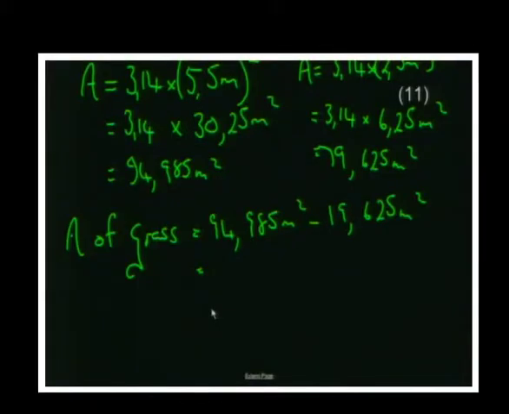So let's write that down straight away, 75.36 meters squared. So that's the area that needs to be grassed. But we haven't finalized the question. The question says, how much is this going to cost me?